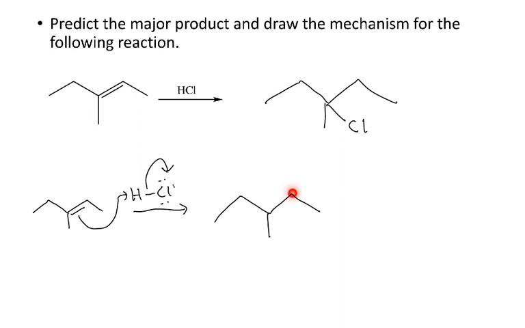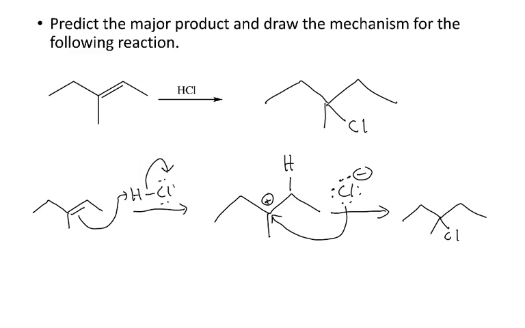We don't necessarily have to draw that, but I'll go ahead and do that. Then the carbocation ends up here. We then have our chloride ion undergo nucleophilic attack and give us our final product.